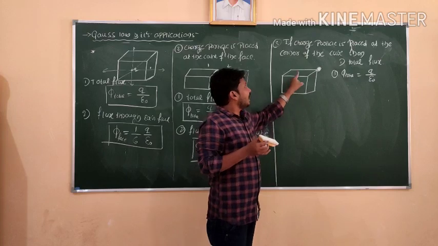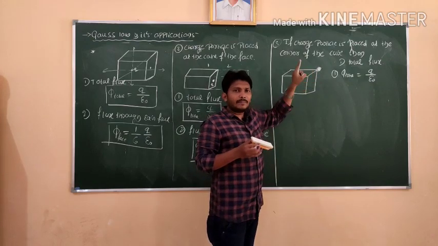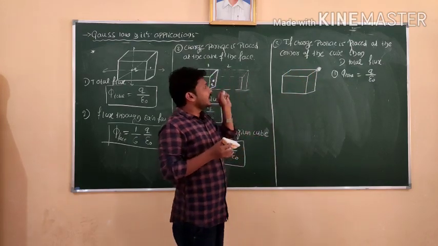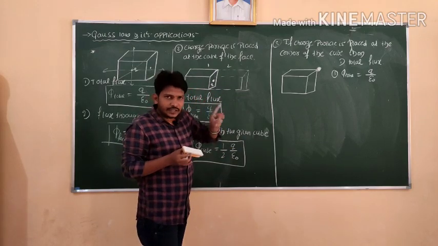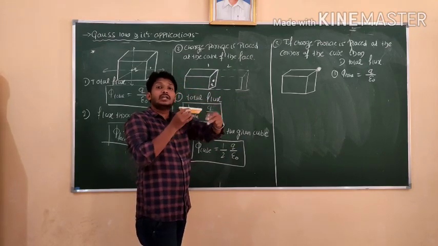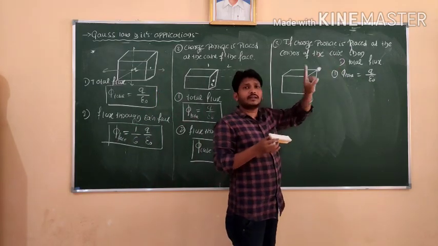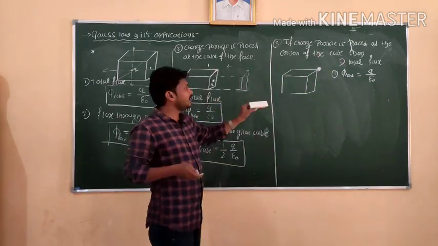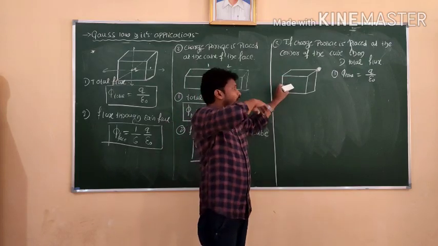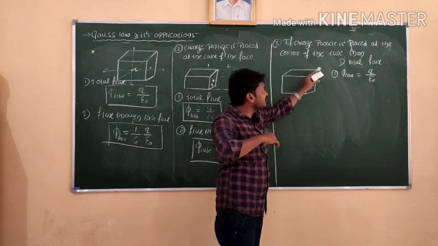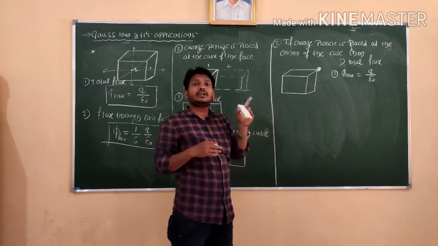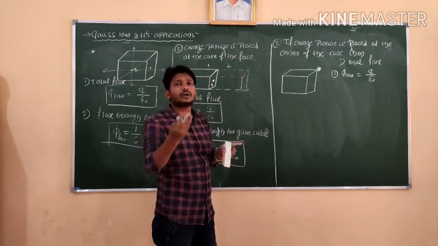Look at here, at the corner of the cube you place one charged particle. In order to make it closed, how many imaginary cubes will be required here? 7 more imaginary cubes will be required. Then how many total cubes? 8. Already the first cube is there, so the remaining 7 cubes will be required.